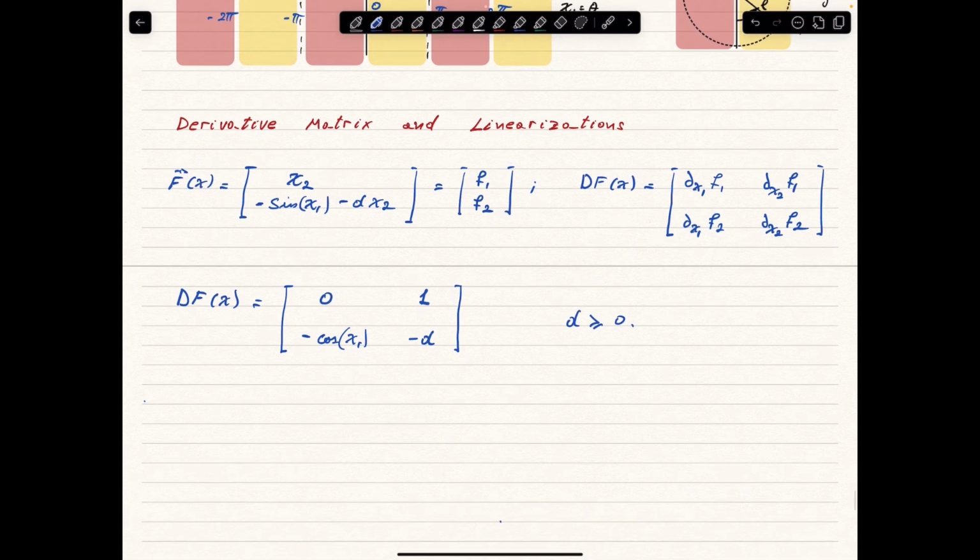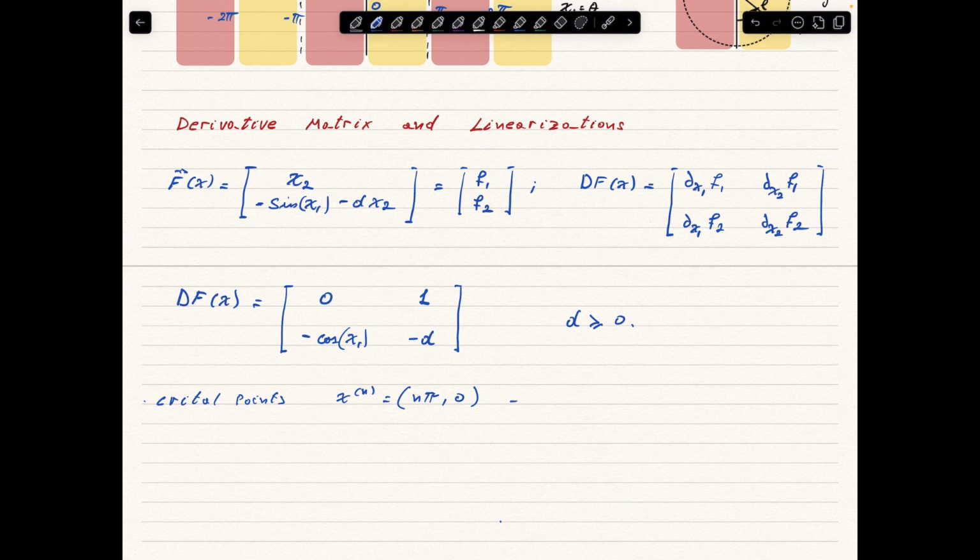And recall, we have also critical points. What are the critical points? x_n, which are (n pi, 0).